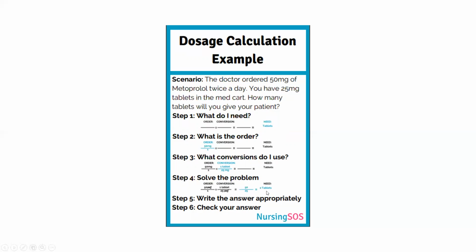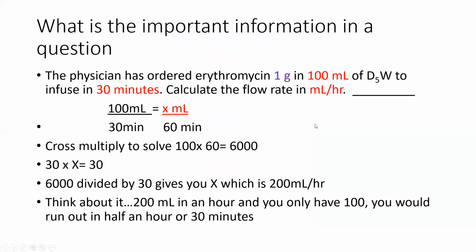And if I cross multiply that out, I would get the answer of 2. But that makes sense. If I look back at this, 25 and 25 is 50. So 2 is the right answer. Checking my answer makes logical sense, and giving a patient 2 pills is not unreasonable.